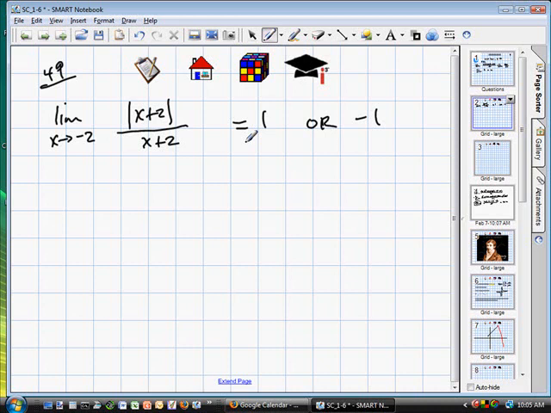So you got a graph like this. I see it clearly now. Here's what this thing looks like. And when you graph it, it looks like this. When you get to 2, I'm sorry, negative 2. When you're approaching negative 2 from the right, it's going to look like this.